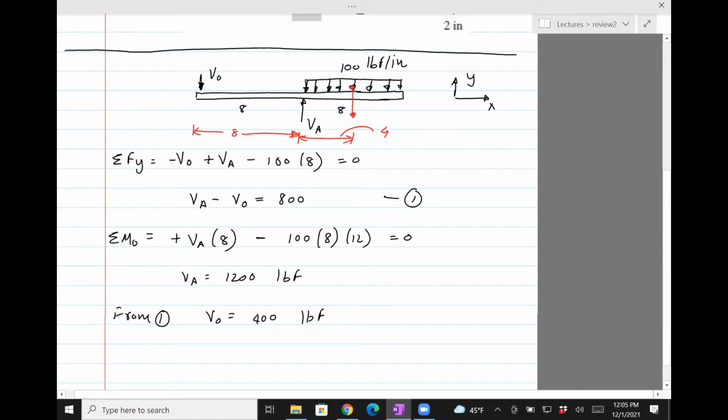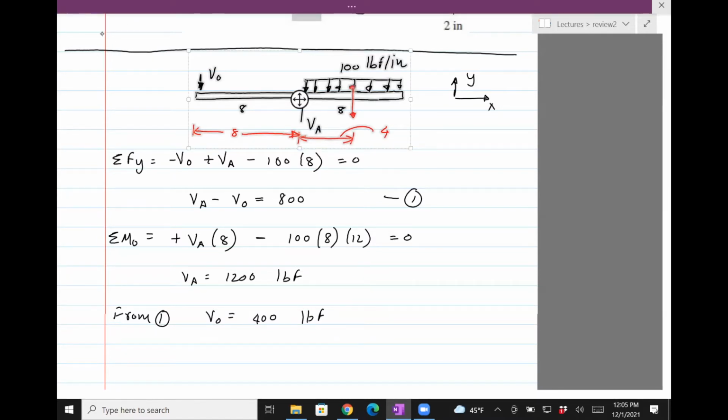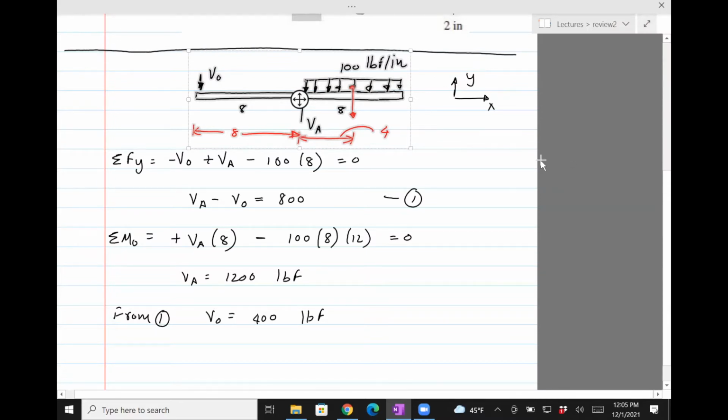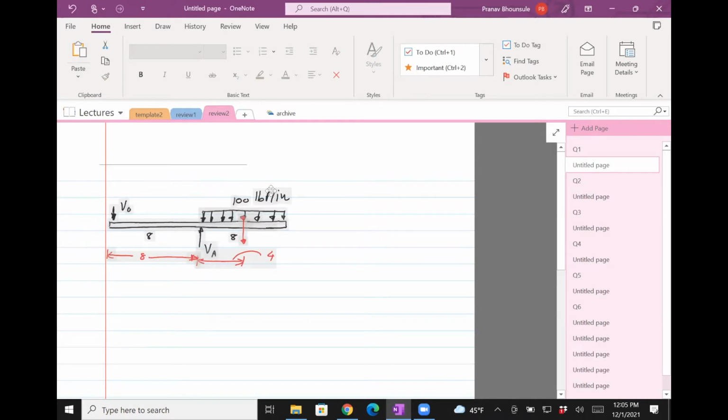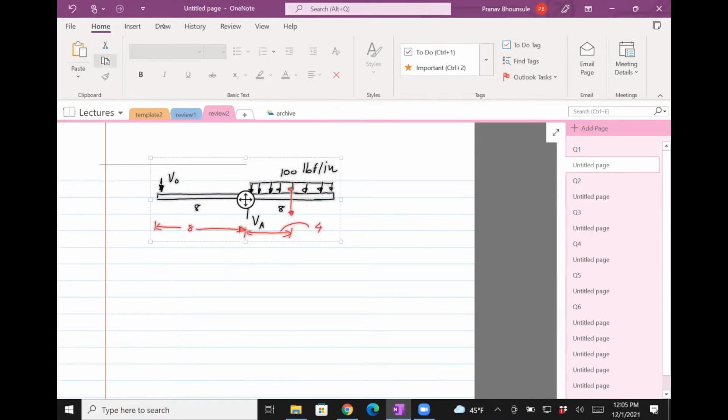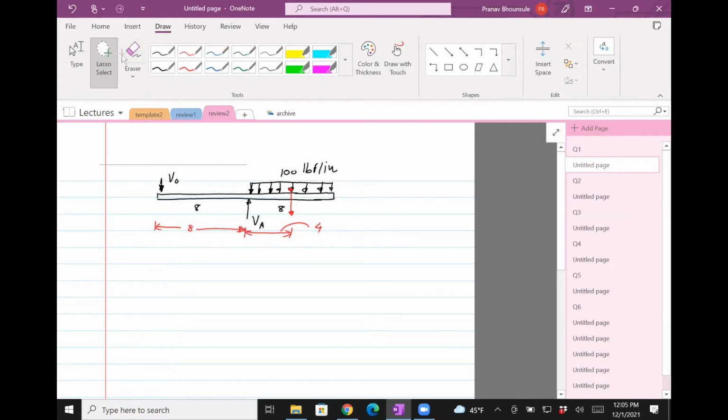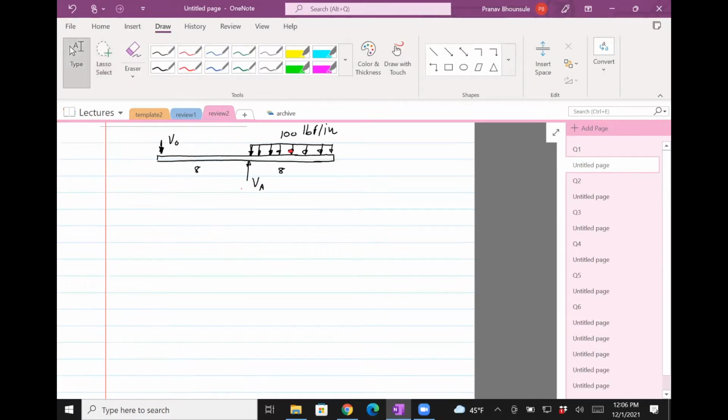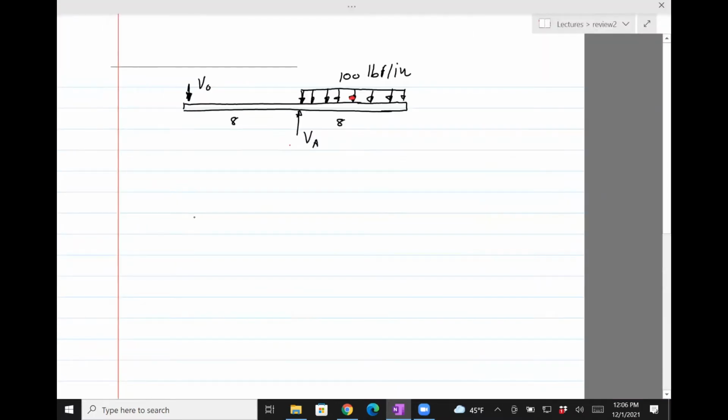Let's draw the shear force and bending moment diagram. That's going to be my shear force diagram.